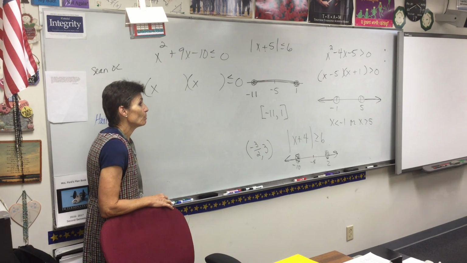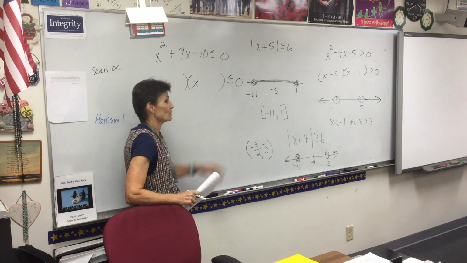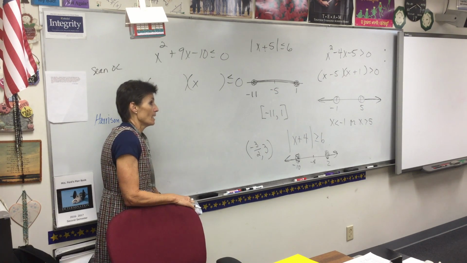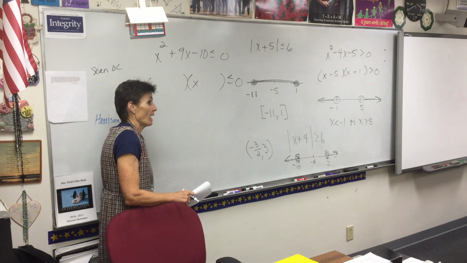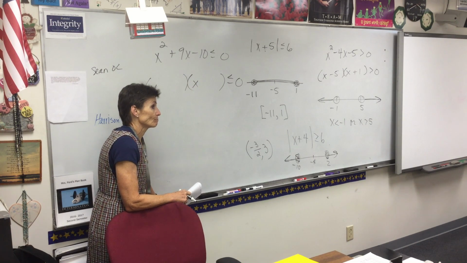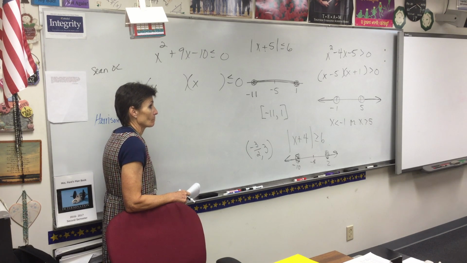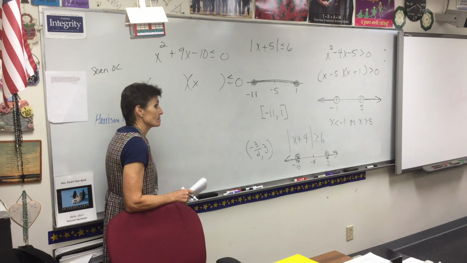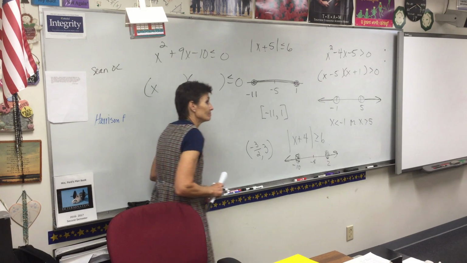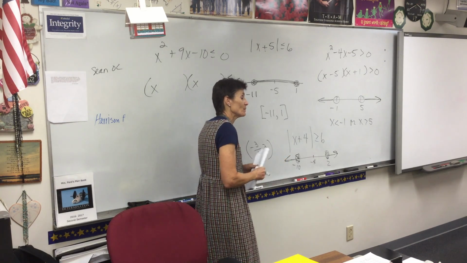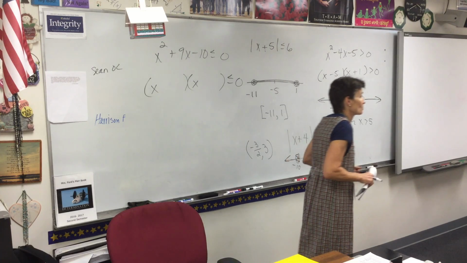Remember, whatever you put up here has to multiply to give you 10 and add to give you 9. Take a guess. Well, if you get it wrong, you get it wrong, but we got to do something. So just take a wild guess. We'll fix it.